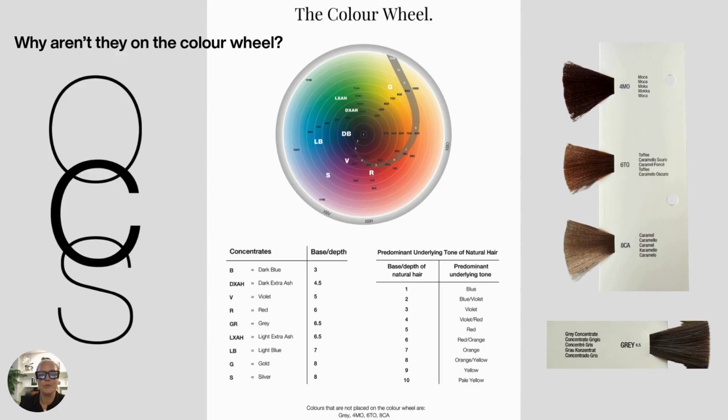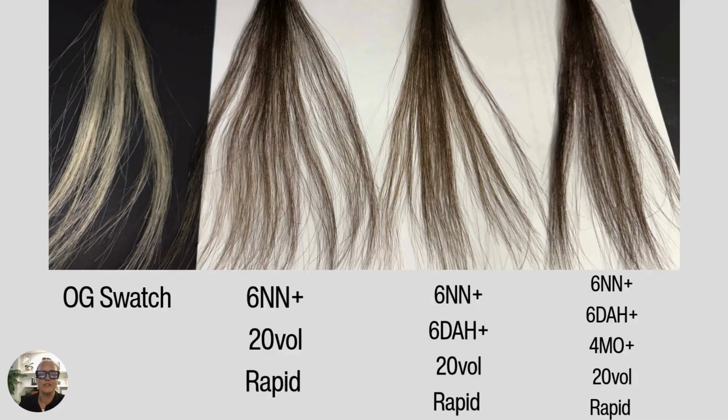So here's a little swatch example that I did. My original swatch was, it's looking a little more blonde on this screen, but it was an 80%, 85% gray swatch. And so I did 3 different swatches. On the first one, I used only 6NN with 20 volume rapid.